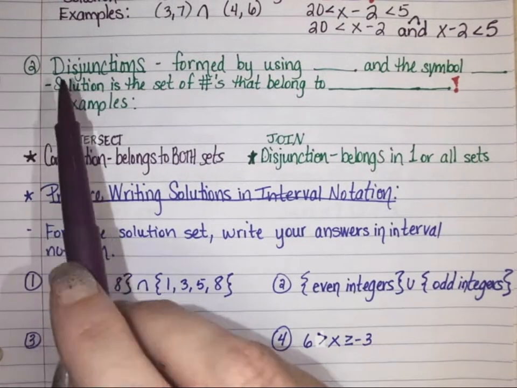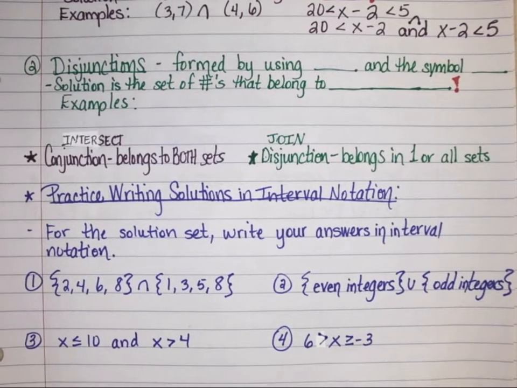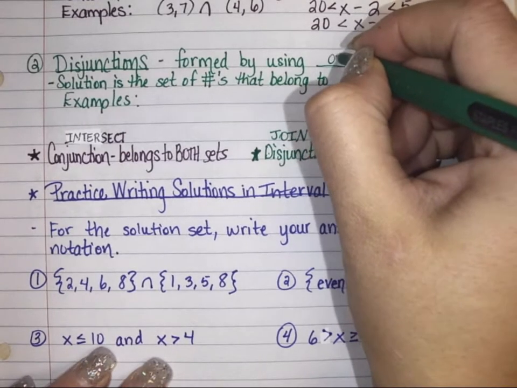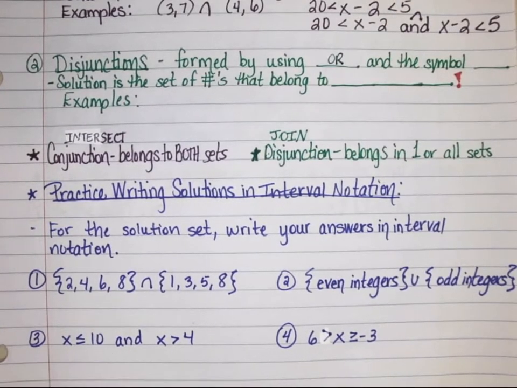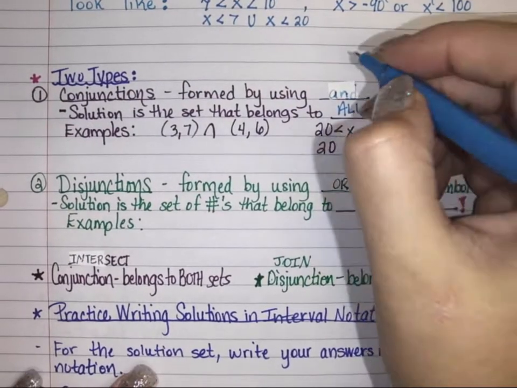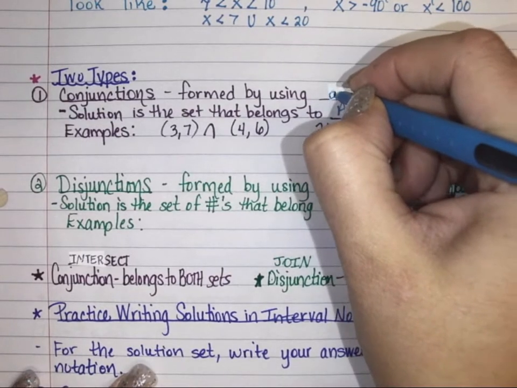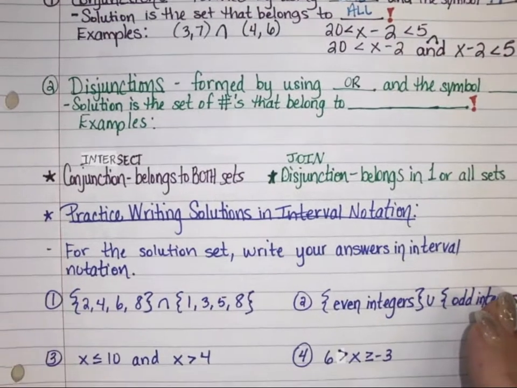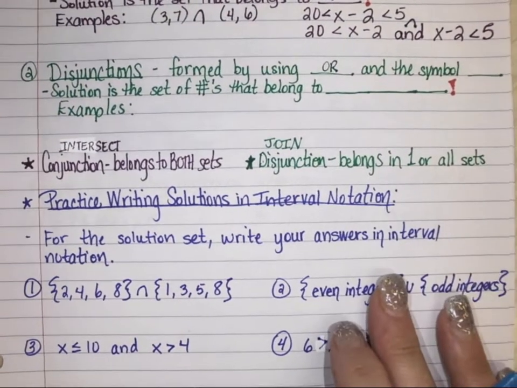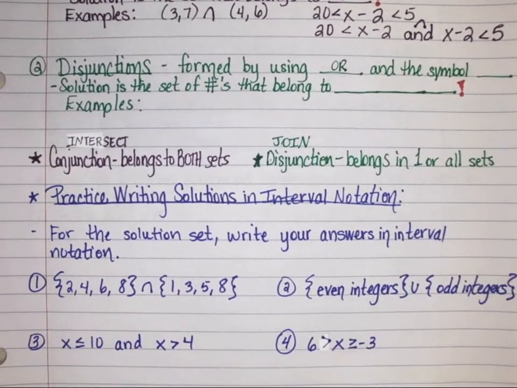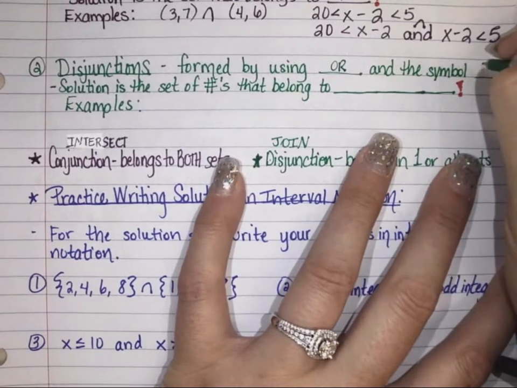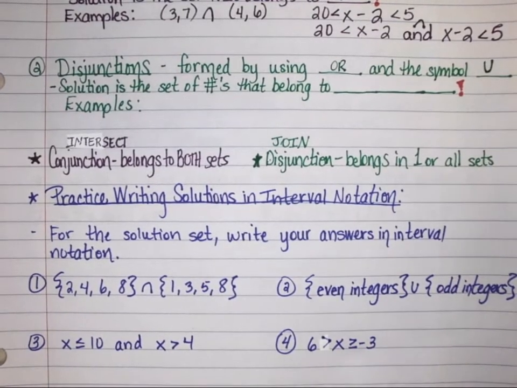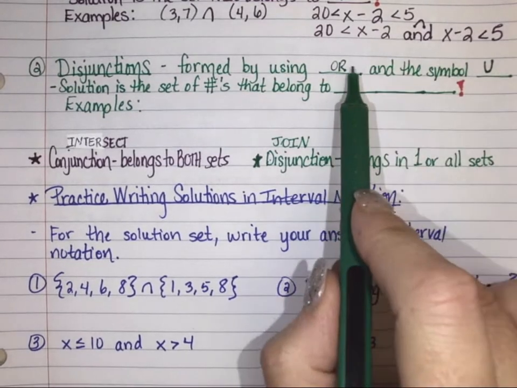A disjunction is formed by using the word or. So here we have the word and, that is for conjunction. Disjunction uses the word or, the symbol that looks like a U. So when you see this symbol, this also means or.